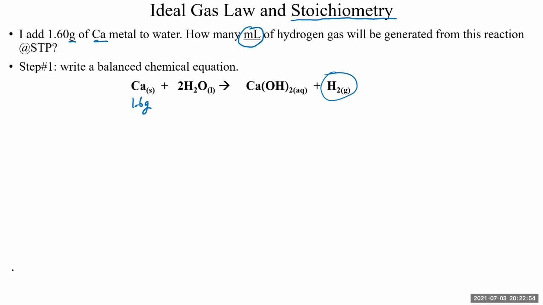You know that alkaline earth metals react very vigorously with water, not violently like alkali metals, like group 1, but group 2 also reacts right away with water. The water will start to bubble as soon as you drop in a piece of calcium, or magnesium, or barium, or strontium. How many milliliters? So we're looking for volume. What is the volume of hydrogen gas that will be generated from this reaction at STP?